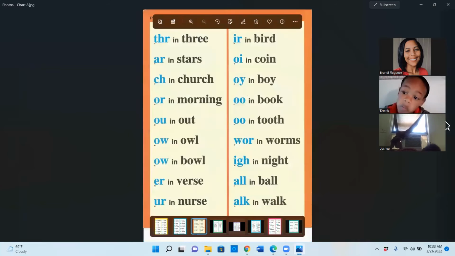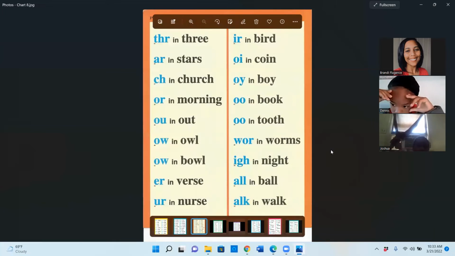Phonics chart 8. THR says thr in three. AR says or in stars. CH says ch in church. OR says or in morning. OU says ow in out. OW says ow in owl.